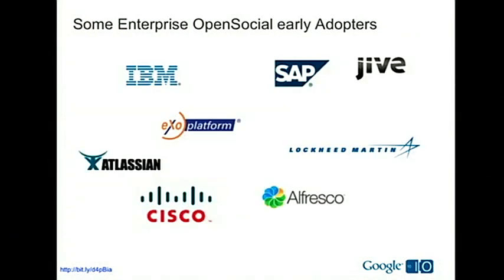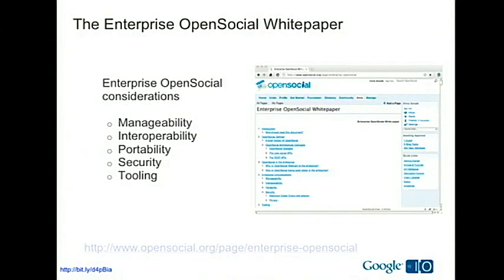These are some of the folks that participated in the white paper who have either proofs of concept or are looking at things around OpenSocial. Some of the folks on there actually have implementations of that and are using it as well. And so this was the result.